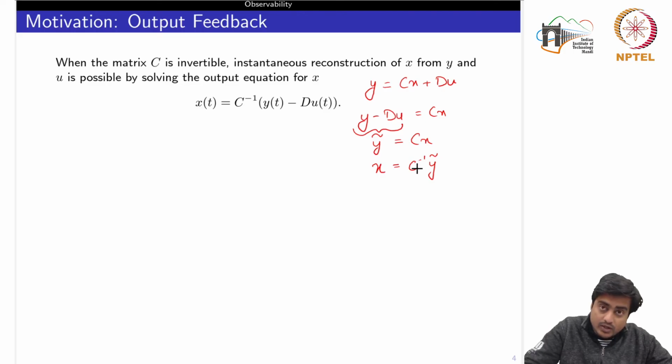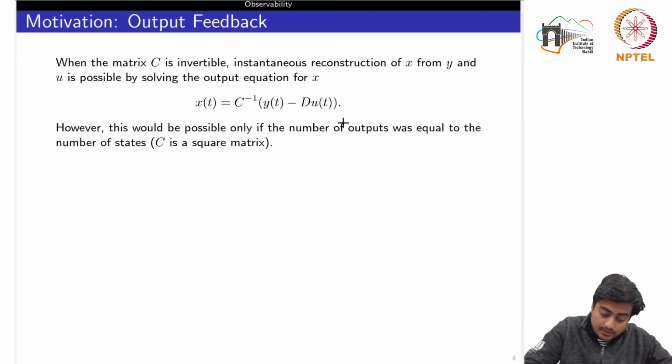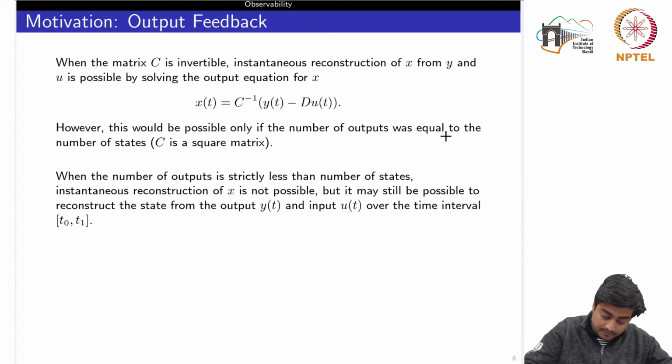So if C is invertible, then I can directly compute the signal x. But this is only possible if the number of outputs is equal to the number of states, right? The first restriction is that C should be a square matrix, and that is possible if the number of outputs equals the number of states.